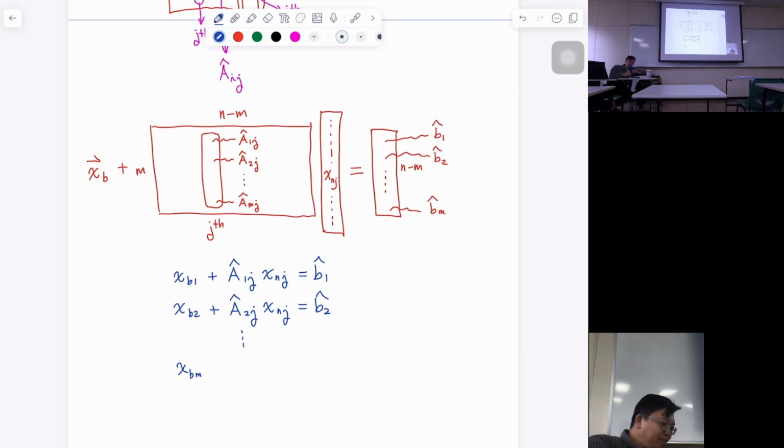The m-th one plus A hat mj xN j equals B hat m. Okay? So actually, they are m linear equations.